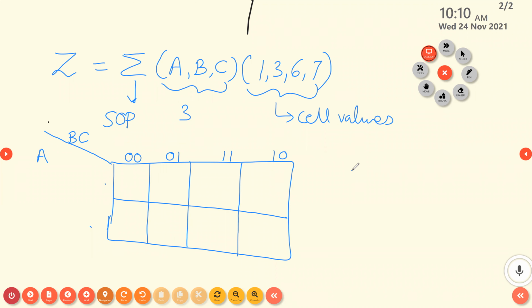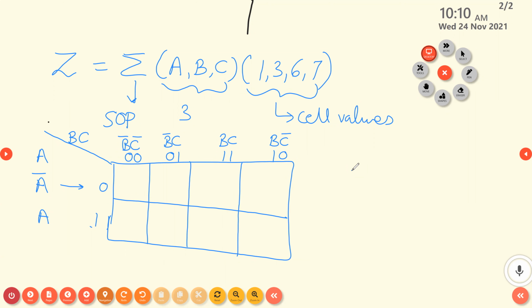Here 0, here 1. Now I know that for SOP 0 indicates A bar, 1 indicates normal variable A. Similarly here, B bar C bar, then B bar C, then BC, then BC bar.